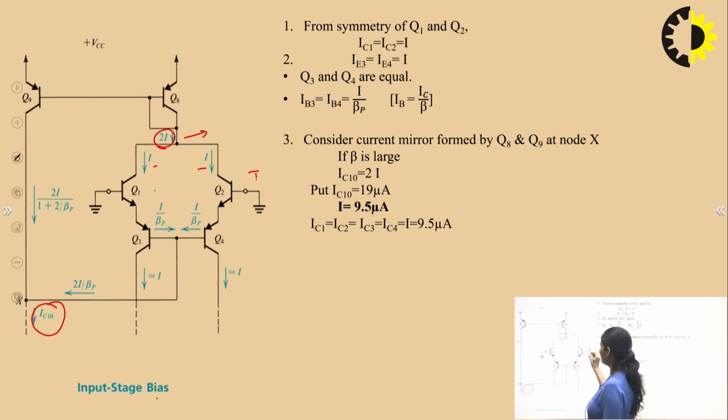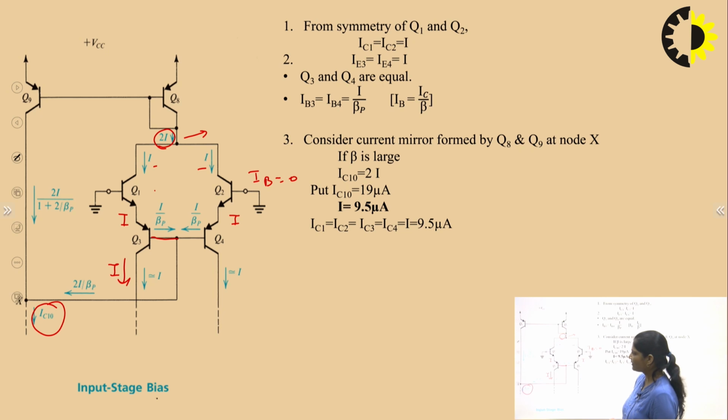Now base current is equal to 0. If base current is equal to 0 for transistors Q1 and Q2, then IC of transistors Q1 and Q2 is equal to I. So here is also current I. Now we are assuming this base current is also nearly equal to 0, so here also I current is flowing in the collector of transistors Q3 and Q4.